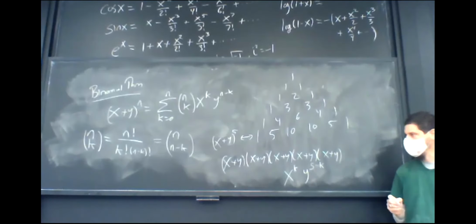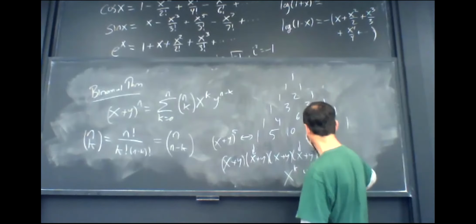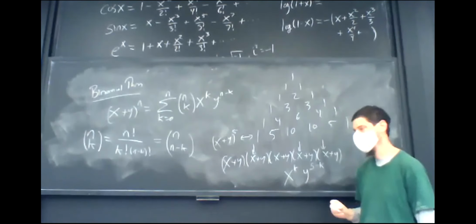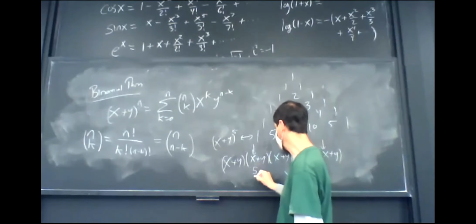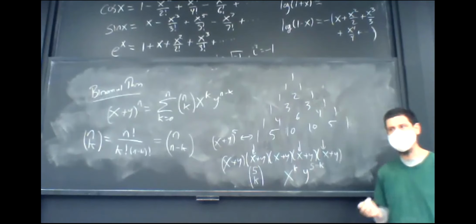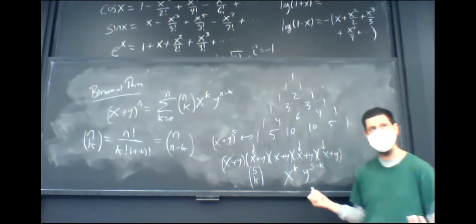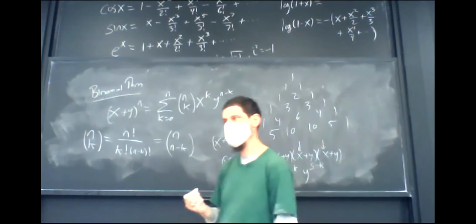How can I choose k x's? Well, I have to choose k of these factors to be an x. So that would be, say, if I choose k. Once I choose k factors to be an x, how many factors are left? I started with 5, I chose k, how many are left?